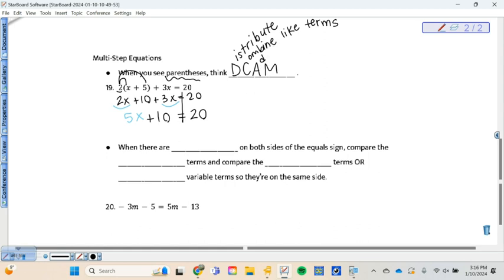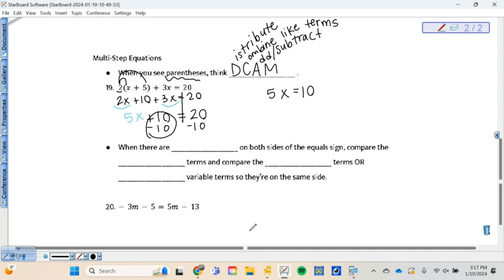I'm either going to have to add or subtract, right? If this was 5x minus 10, then I'd have to add 10. But since in my original equation it's 5x plus 10, I need to subtract 10 on both sides. These cancel, and we have 5x is equal to 20 minus 10. It's 10.